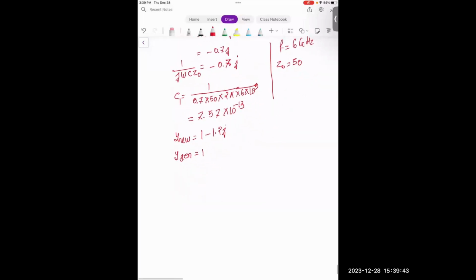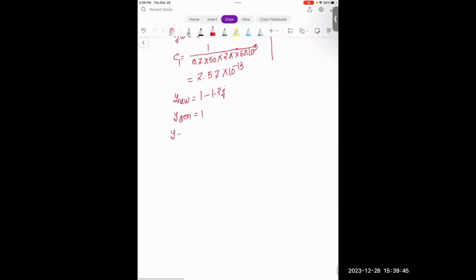So Y equals 1 minus 1.2j minus 1. So it's negative 1.2j because this is negative. So 1 over j omega C is Z naught times 1.2j.